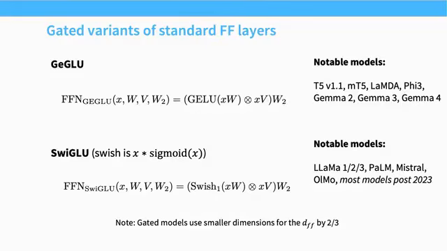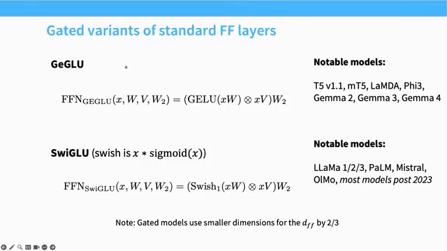So if you take something like a GELU, we've already talked about that, right? That's like the ReLU, but with a little divot at the bottom here, you will get a GEGLU. And if you take a Swish, which is X times a sigmoid, then you will get a SwiGLU. So this is a Swish times the rest of it. And this really covers a lot of the modern models, right?